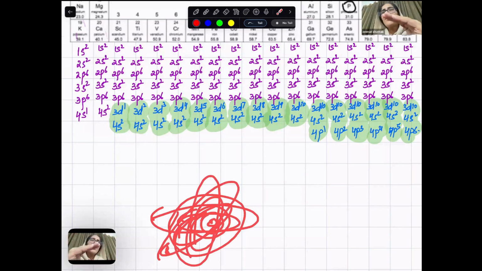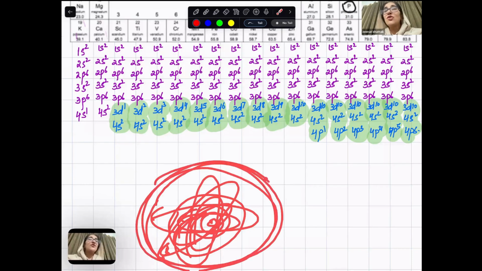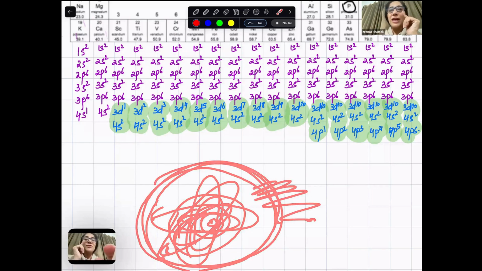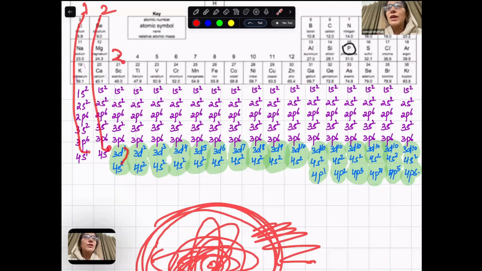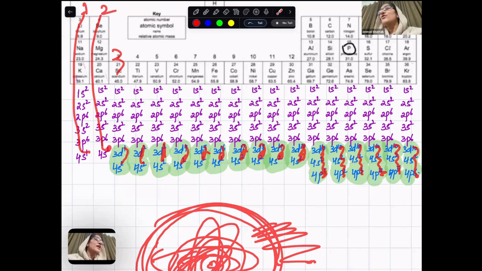But due to repulsion between 4s and 3d, the 4s is above 3d, but they are still very close. They are so close that they are considered the same shell. So one electron is group 1, two electrons group 2, then 3, 4, 5, 6, 7, 8, 9, 10, 11, 12, and then group 13, 14, 15, 16, 17, and 18.